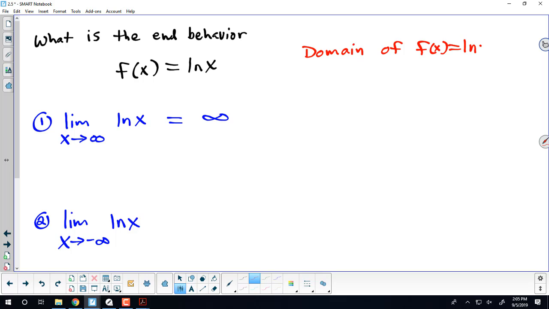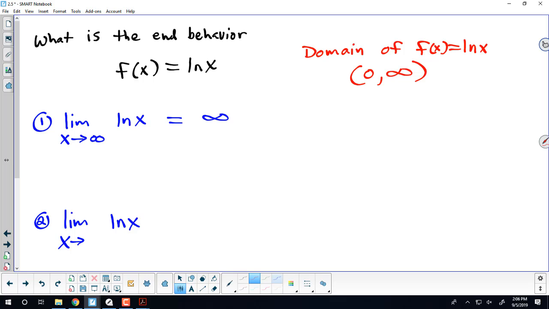So you also need to be aware of the domain for these functions. The domain of this function is from 0 to infinity. So it makes sense to compute the limit as x approaches infinity. It doesn't make sense to compute the limit as x approaches negative infinity. On this end, what makes more sense is to approach 0, because the natural log isn't defined for negative numbers.